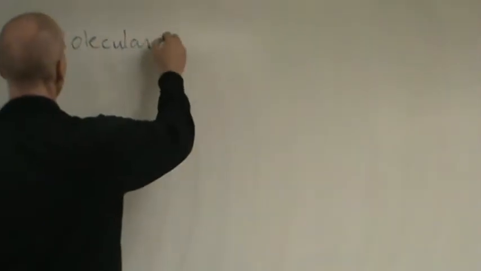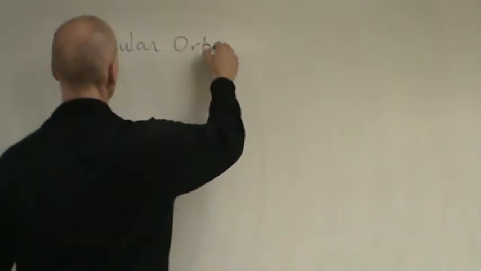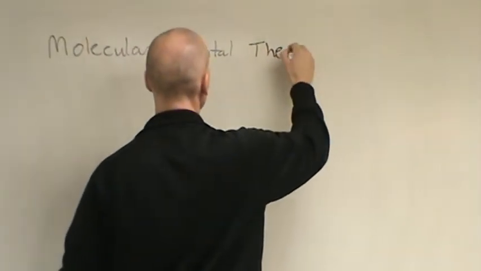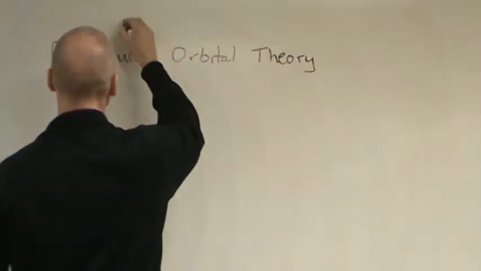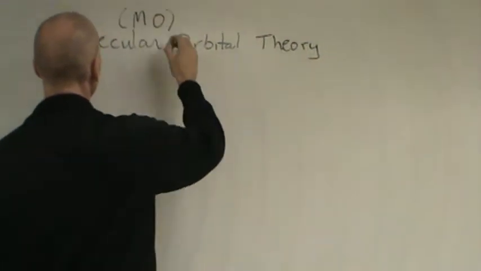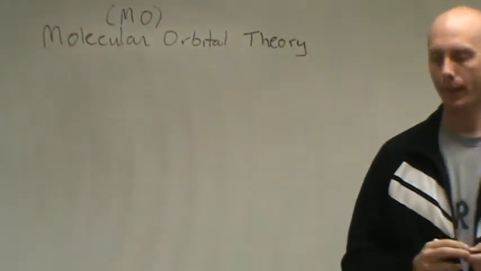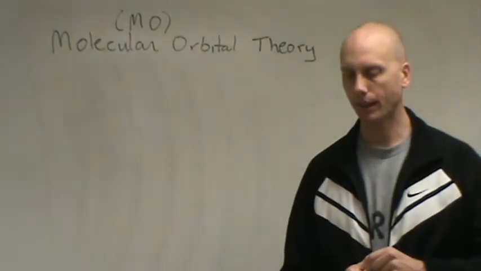And that's what we want to go ahead and tackle first, since it's kind of on our mind. And this topic here we will call molecular orbital theory. Sometimes abbreviated MO theory.